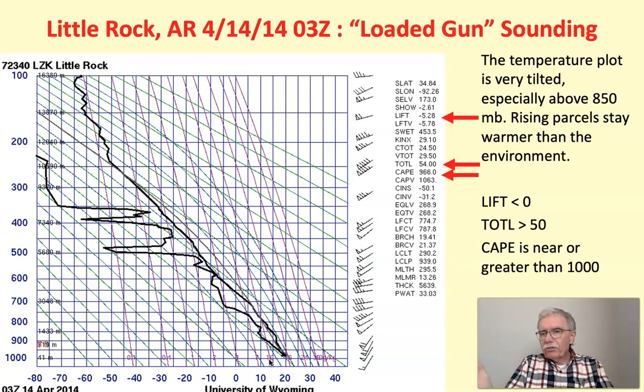Finally, this sounding from Little Rock, Arkansas shows the 3 indicators that we look at. We look at lifted index, is it negative? We look at totals index, is it above 50? And we look at the CAPE, convectively available potential energy, greater than 1,000.